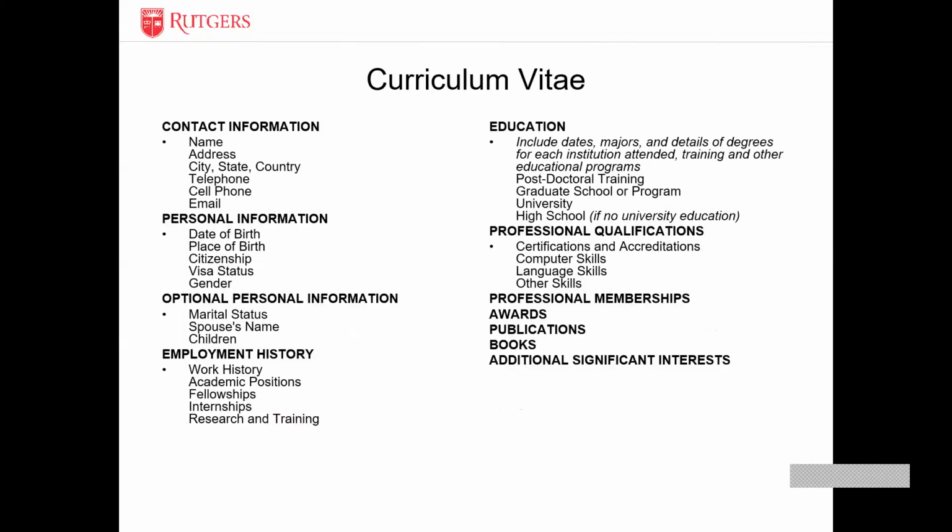But as far as the curriculum vitae goes, the most important thing to remember is that it requires most of the same information that the resume does, with the exception that it includes personal information such as date of birth, citizenship status, and visa status. It might also include other personal information should you choose to include it, but oftentimes these are optional.